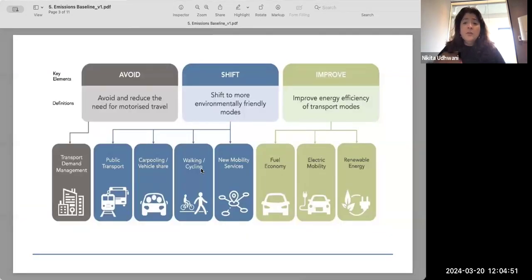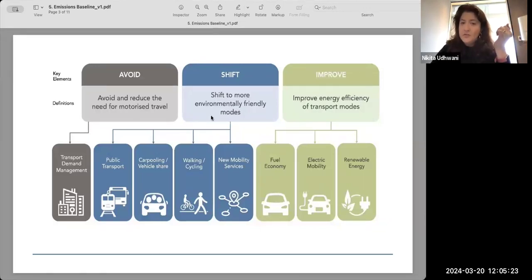Now, you might have seen this visual before. We're going to keep using it in our different Fleet Forum activities because it's a strong representation of how we would like you to think about the reduction of the overall footprint of your fleet: always start with seeing what trips you can avoid. Once you have avoided as much as possible, you shift to more environmentally friendly modes.